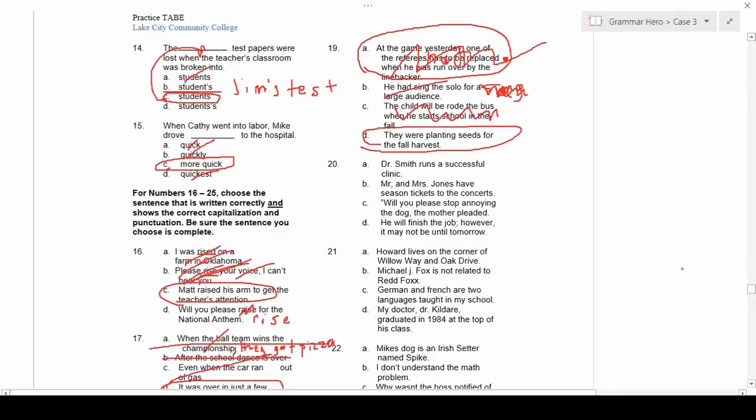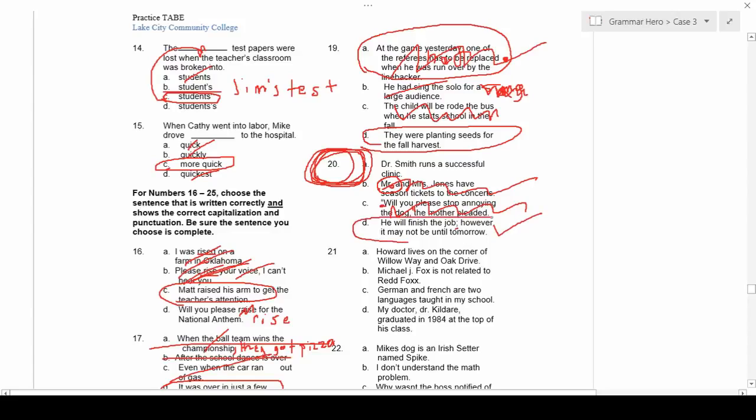"Dr. Smith runs a successful clinic." For this question, I'm going to let you know that there are going to be some issues with it, and I'll talk about that in just a minute. "Mr." Well, that should be a period, not a comma. We can rule B out. "Will you please stop annoying the dog?" Again, we have quotations, but we don't have them over here, so we can rule this one out. "He will finish the job; however, it may not be done until tomorrow."